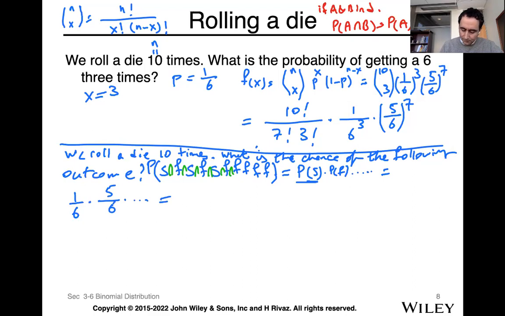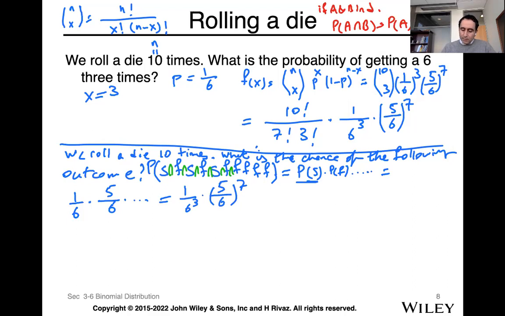Right. So when I write that, how many successes do I have here? I have 3 successes. So that's 1 divided by 6 to the power 3, times, how many failures do I have? 5 divided by 6 to the power 7. I have 7 failures, right?